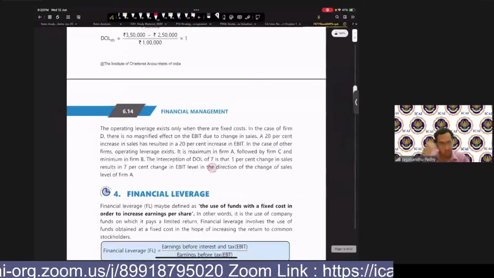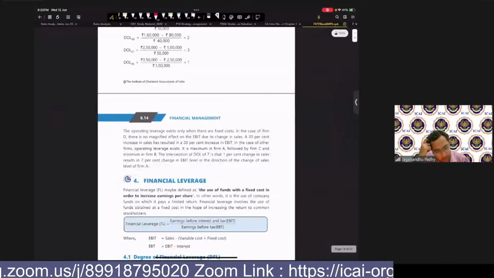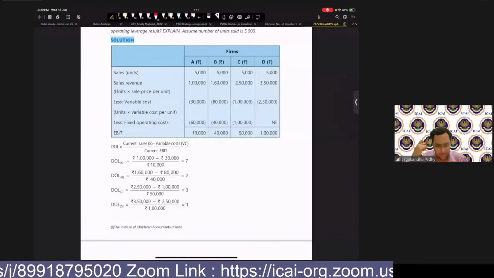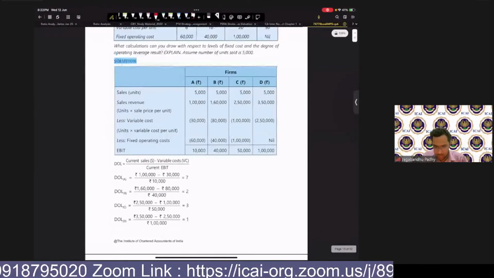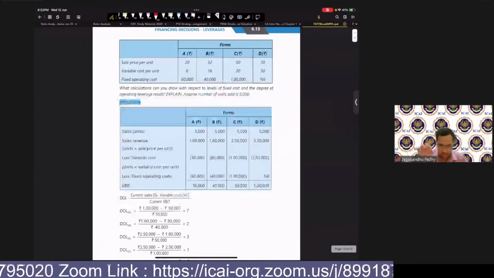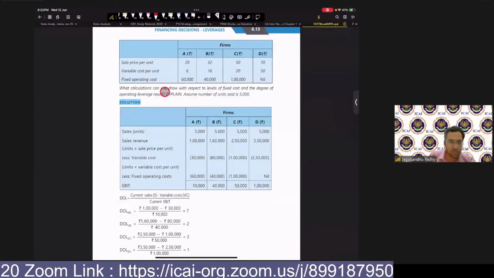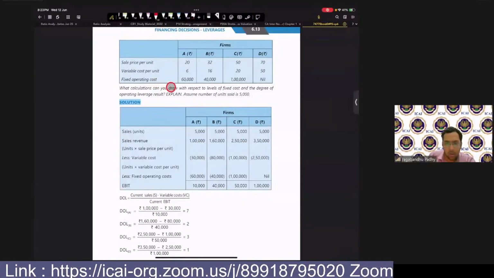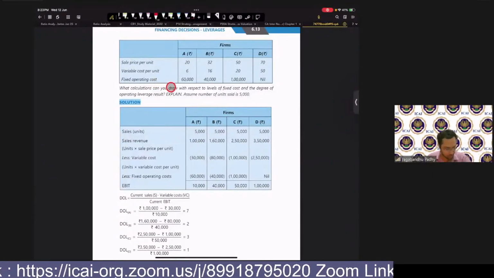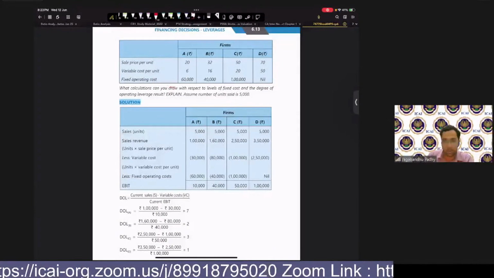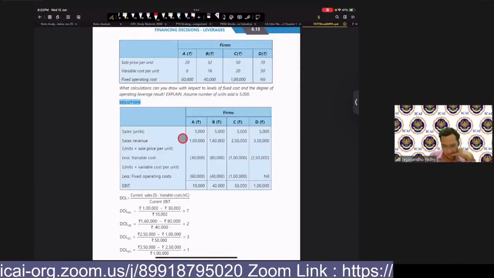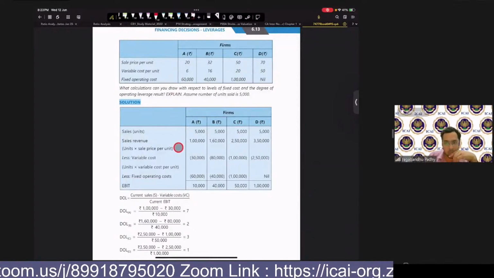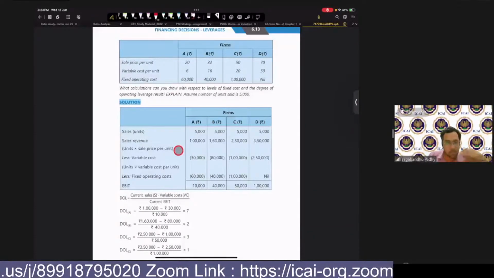In 6.13, there's this question. So you want me to explain this question to you? Is there a very specific line of the solution you are having a problem with?